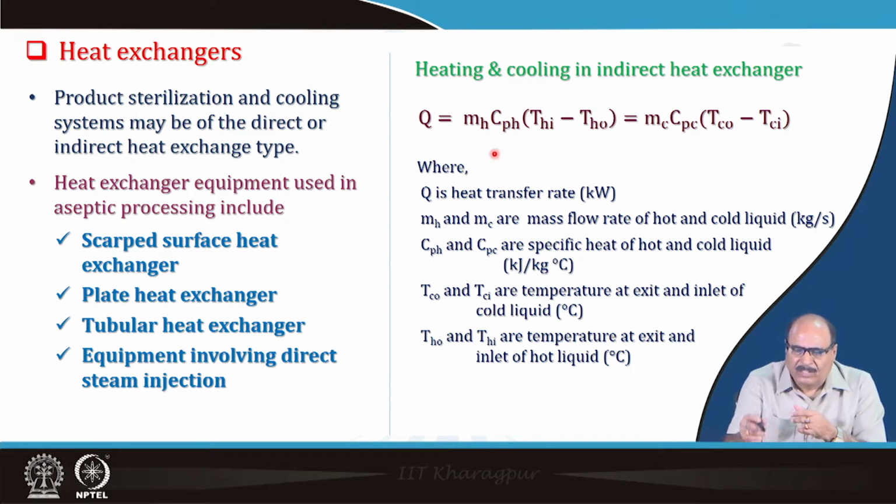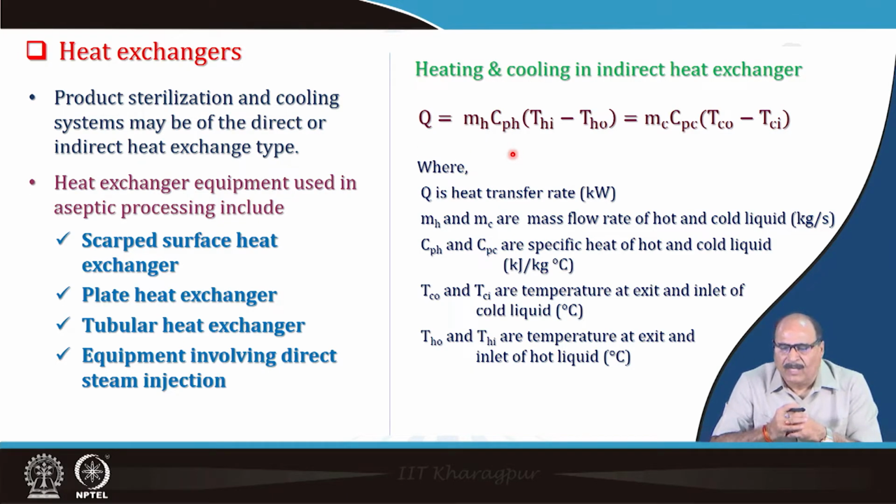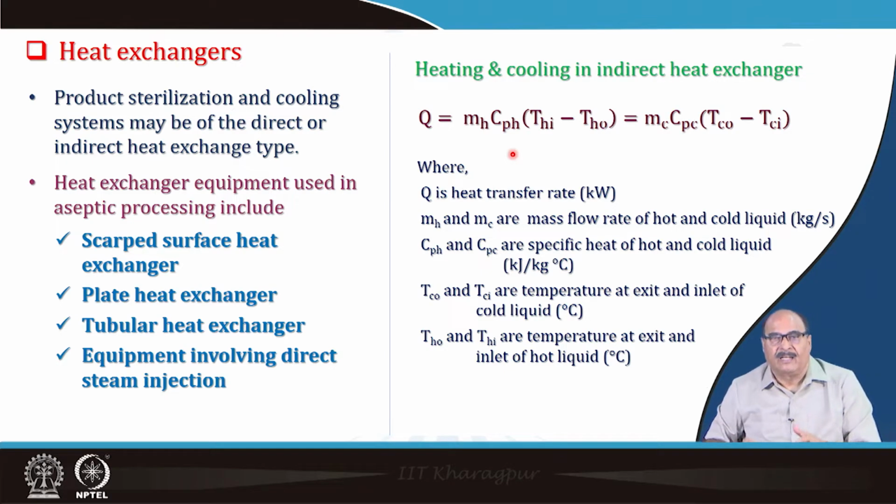The heat transfer is Q = mH CpH (Thi − Tho) = mc Cpc (Tco − Tci). Here Q is the heat transfer rate, mH and mc are the mass flow rates of the hot and cold liquid, CpH and Cpc are the specific heats of the hot and cold liquid, Tco and Tci are the temperatures at the exit and inlet of the cold liquid, and Tho and Thi are the temperatures at the exit and inlet of the hot liquid.